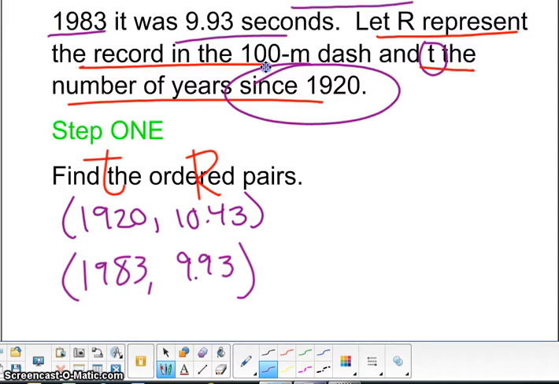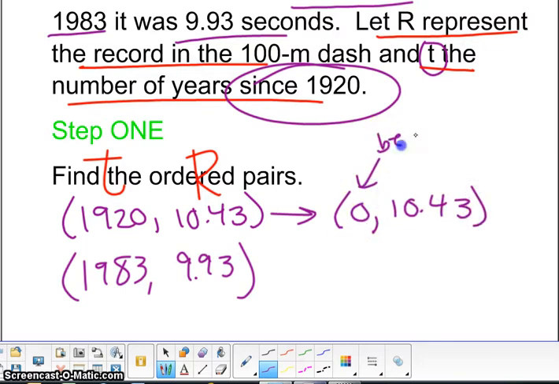Okay, now it does say since 1920. So what that means is we can work with smaller numbers. For example, the ordered pair 1920, 10.43 is now going to be 0, 10.43. That 0 is just going to represent the beginning of the data that we are collecting. And again, using smaller numbers will be nice too.